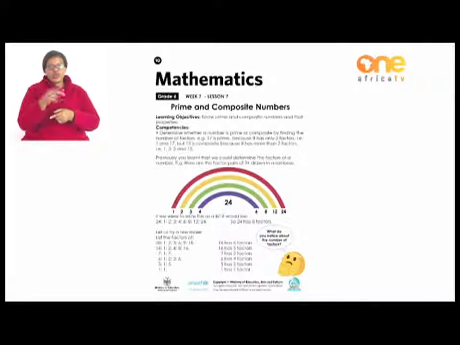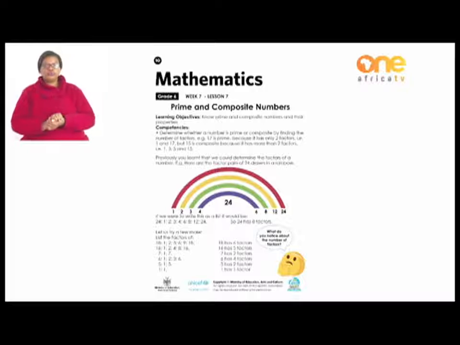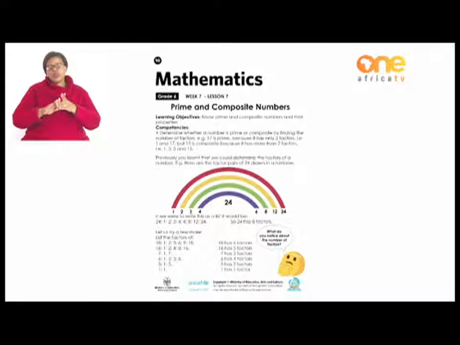So, the numbers 1, 2, 3, 4, 6, 8, 12, and 24 are factors of 24. The reason we are talking about factors is because this whole topic of prime numbers and composite numbers has to do with factors. And we are going to look at a couple of factors now.